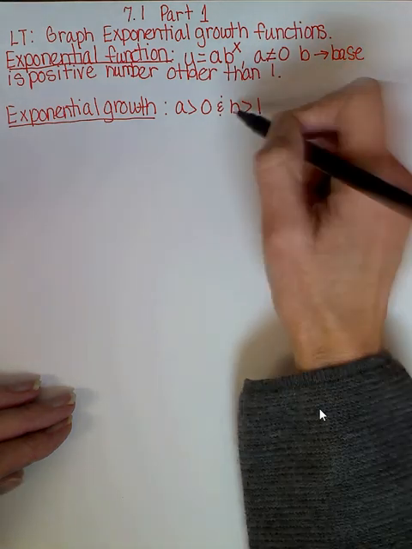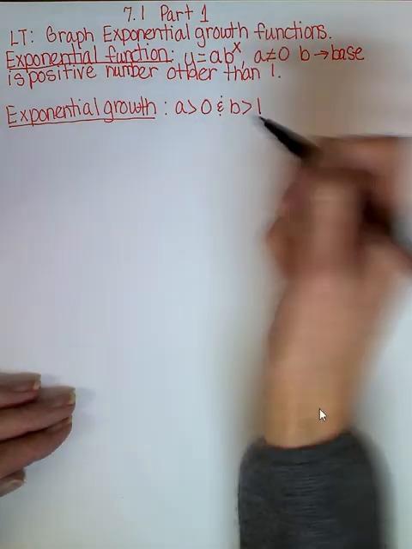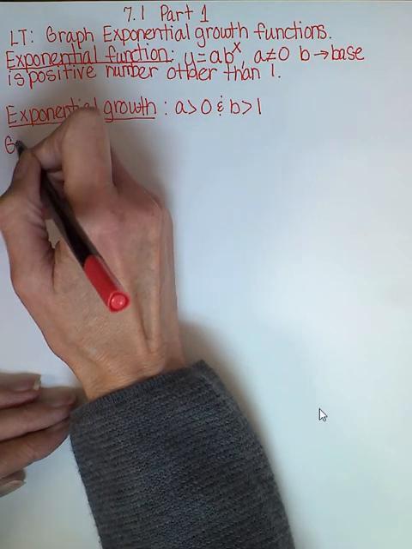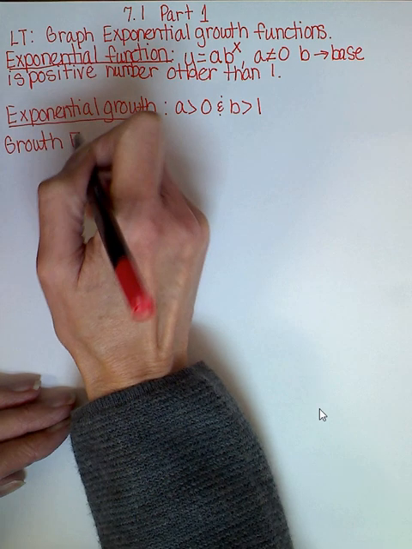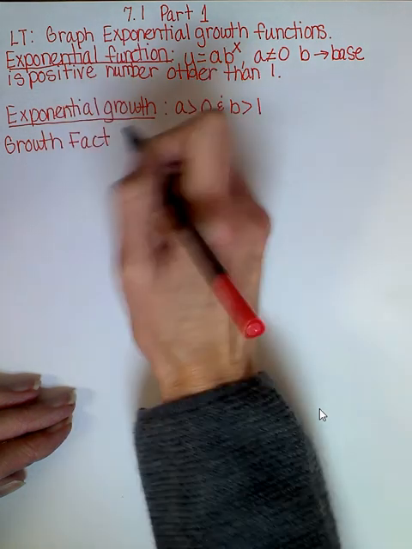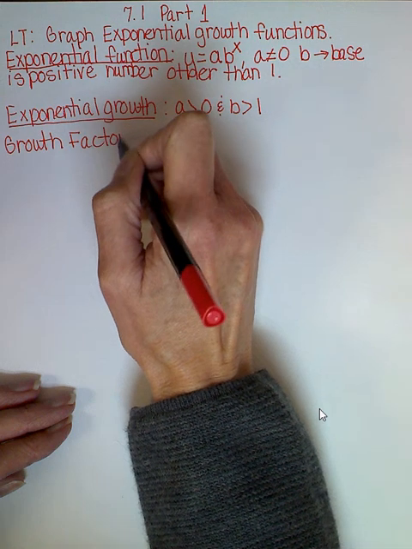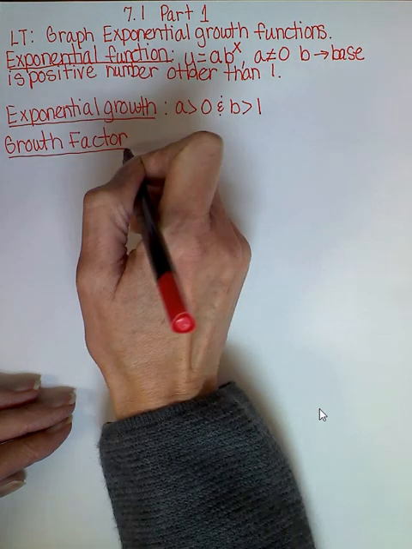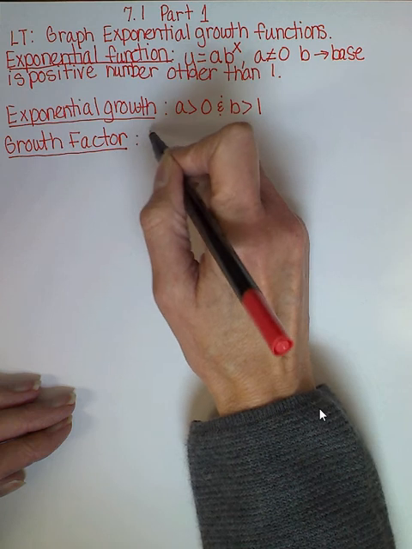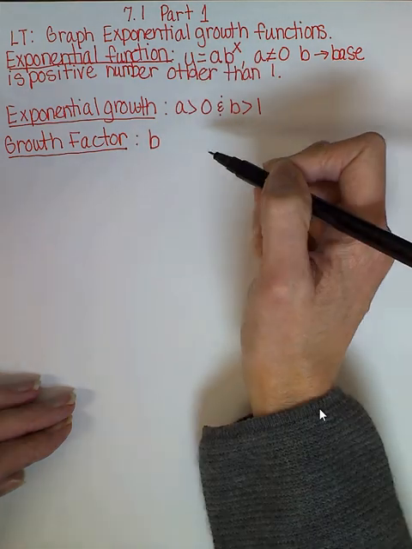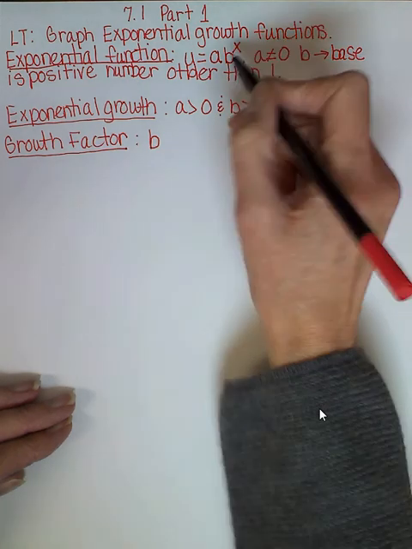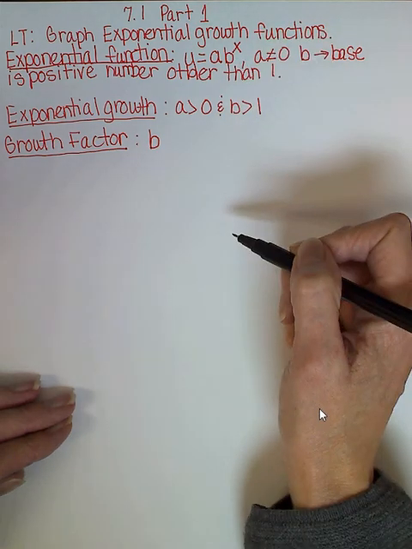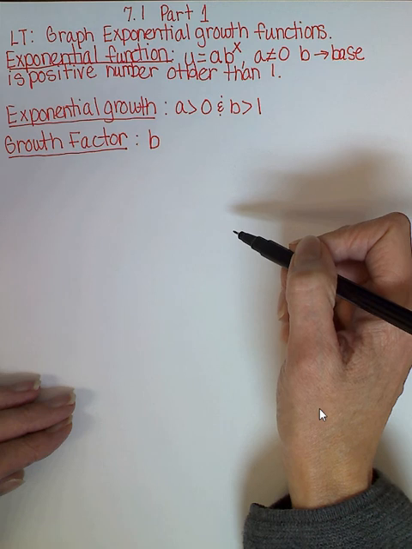And the b value itself is called the growth factor. So the number that has the x in the exponent, that's called the growth factor. And here we're using the letter b. If it's growing, it should make sense that the number in this position has to be bigger than 1. Otherwise, it won't be growing.